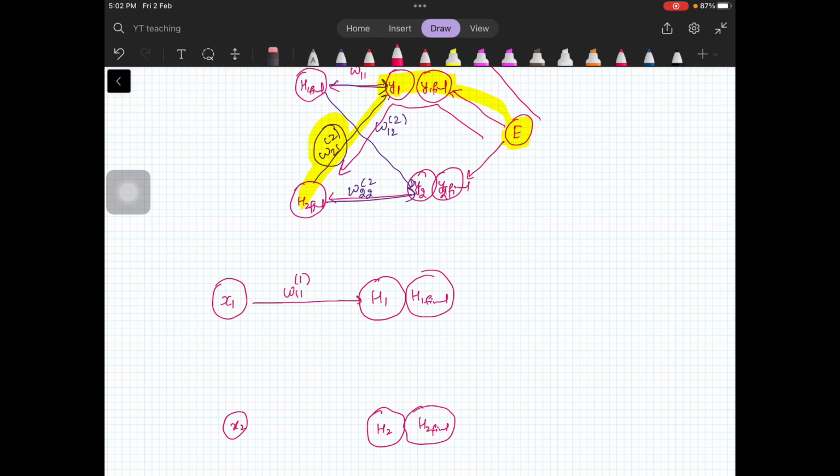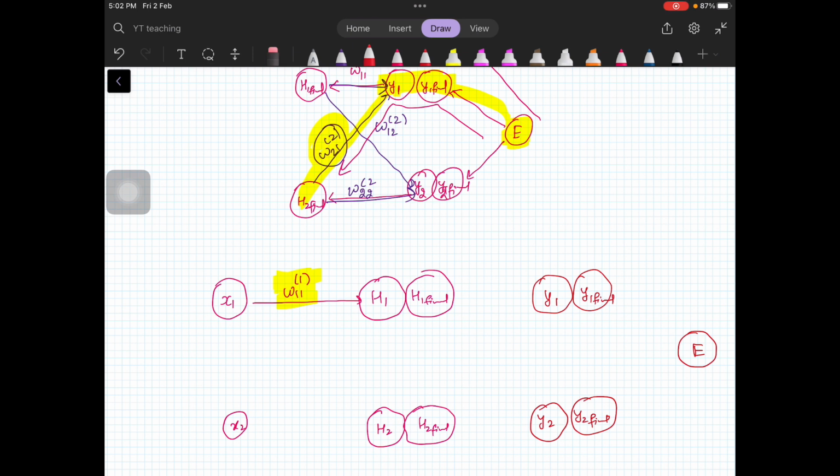And suppose I want to just update this weight, so let us not make it complex. So I have to connect everything. So further it is y1 here and y1 final here, and here it is y2 and then y2 final here, okay. And then here it is the error E, right?